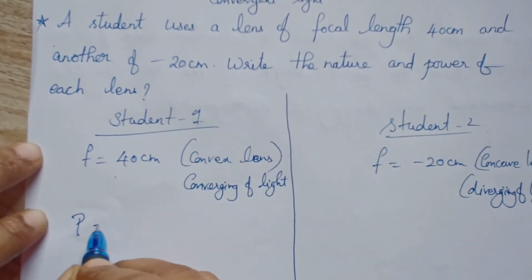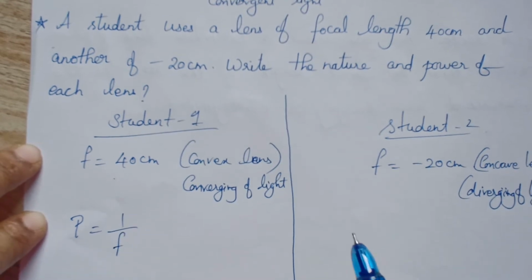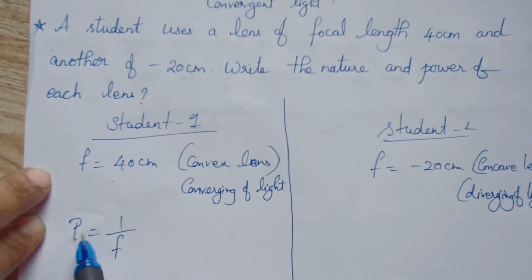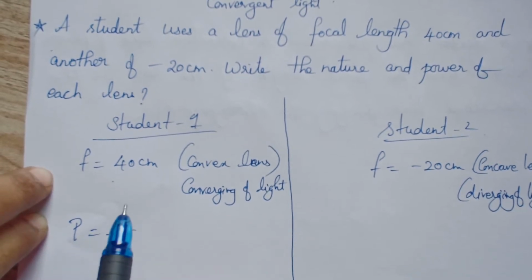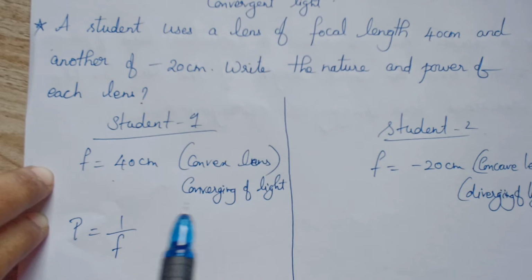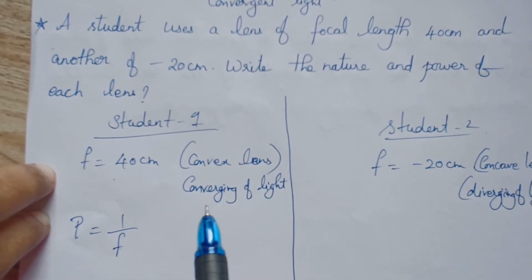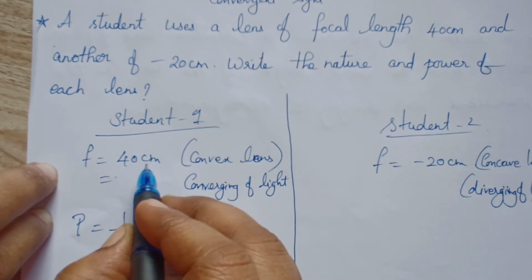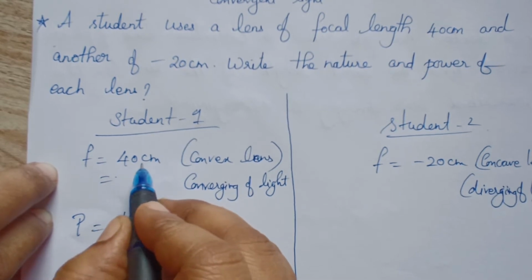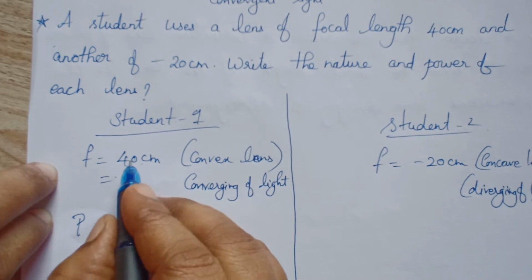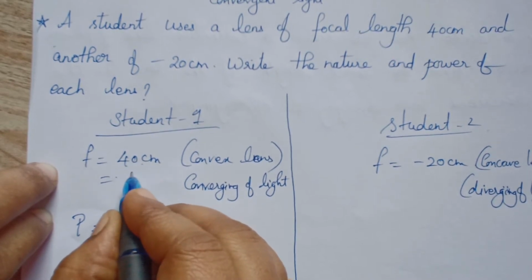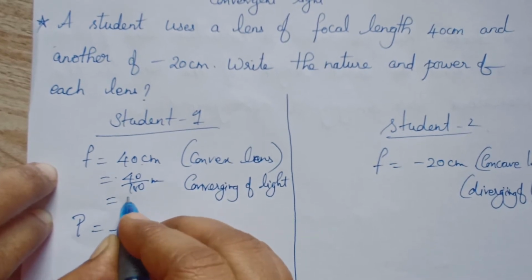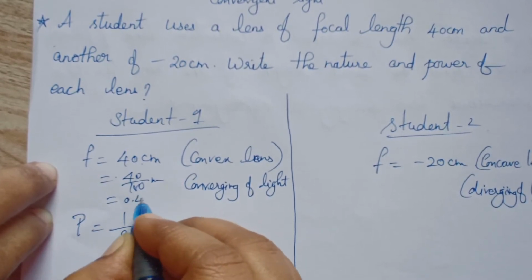Power, you know that power equals 1 by f, okay. You know that the power of the lens is expressed in diopter. 1 diopter is the power of the lens with focal length 1 meter. So f should always be substituted in meters only. So here itself you can convert this. 40 centimeter means 40 by 100 meters, that is equal to 0.4 meters.